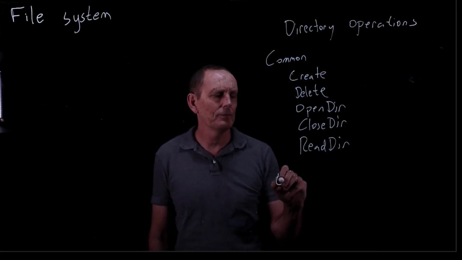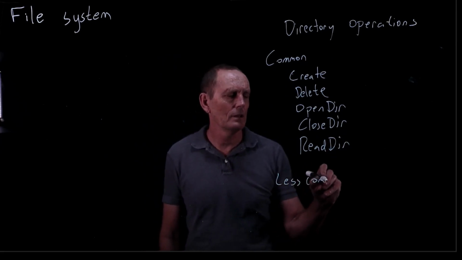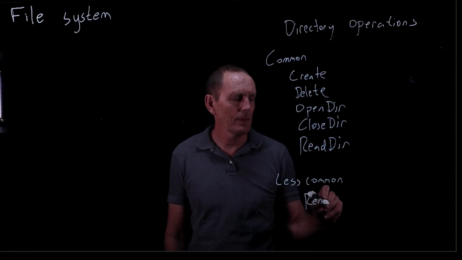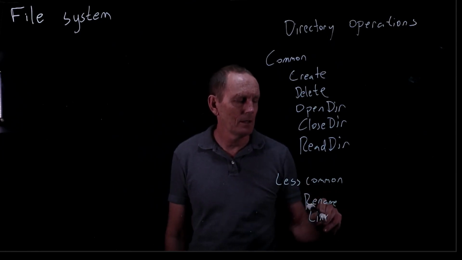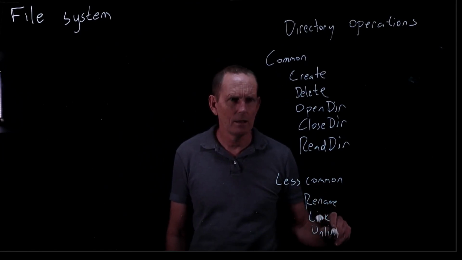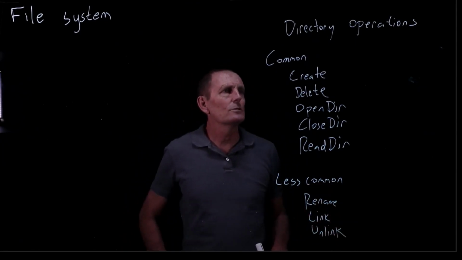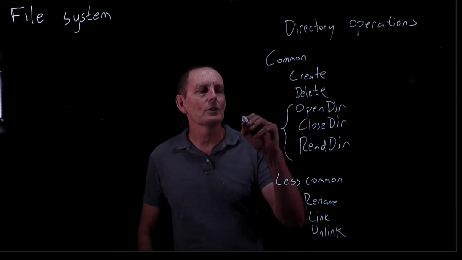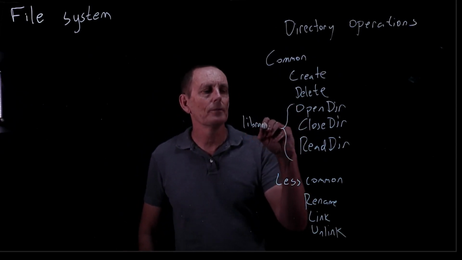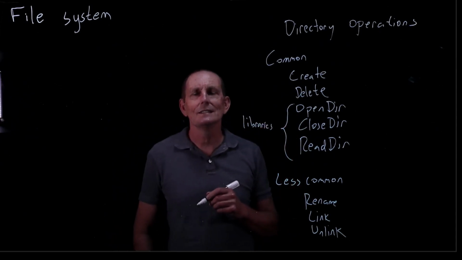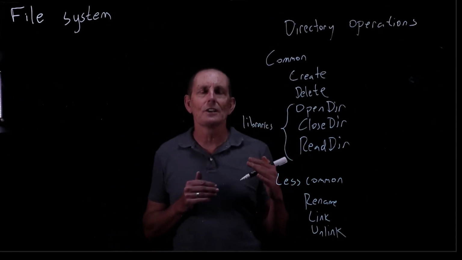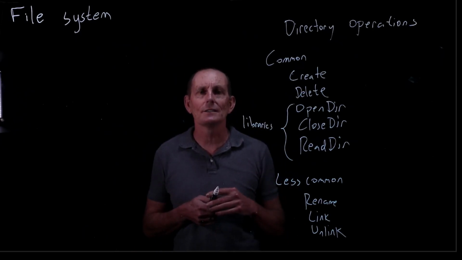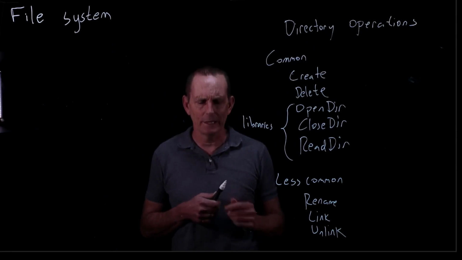And then less common might be renaming, linking, unlinking. It's interesting to note that in Unix, these are not system calls. These are actually libraries. And the reason for that is in Unix, directories are actually implemented as files with pointers to their contents. We'll see that a little bit later.